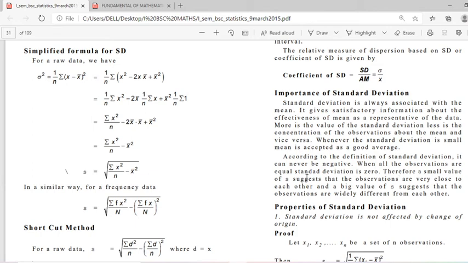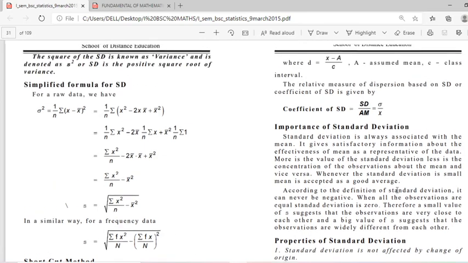When all the observations are equal, standard deviation is 0. Therefore a small value of S suggests that the observations are very close to each other, and a big value of S suggests that the observations are widely different from each other. That is the speciality of standard deviation.